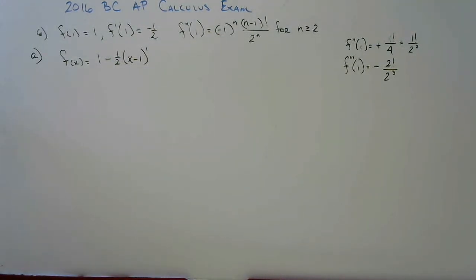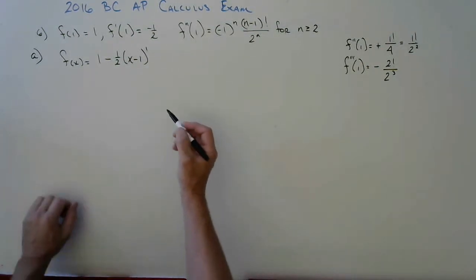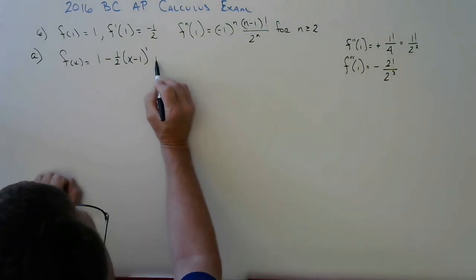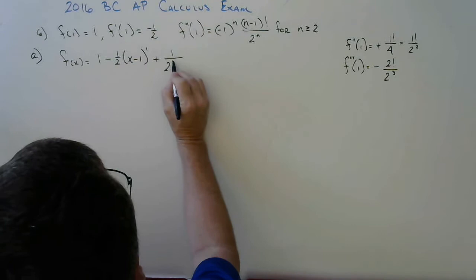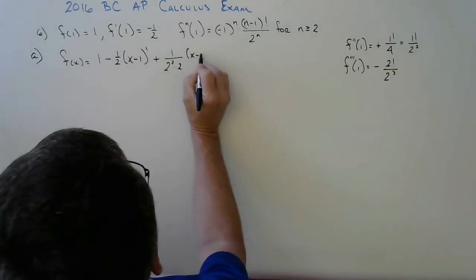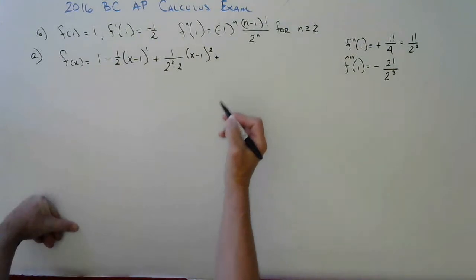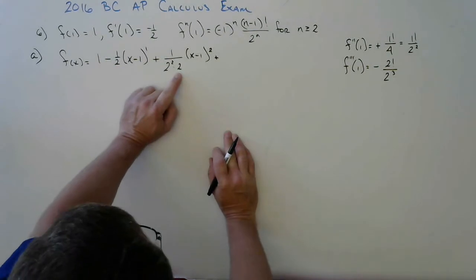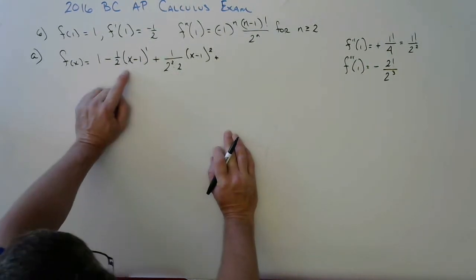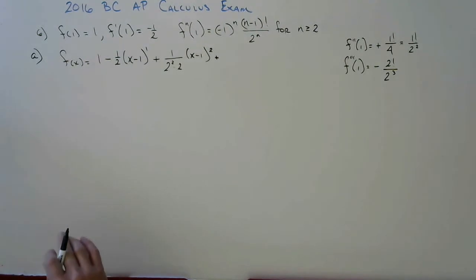So completing our Taylor series, we're only doing the first 4 terms. The second term is going to be plus 1 over 2 squared, times x minus 1 to the second, with a 2 factorial in the denominator, since there's a 1 factorial in the previous term.